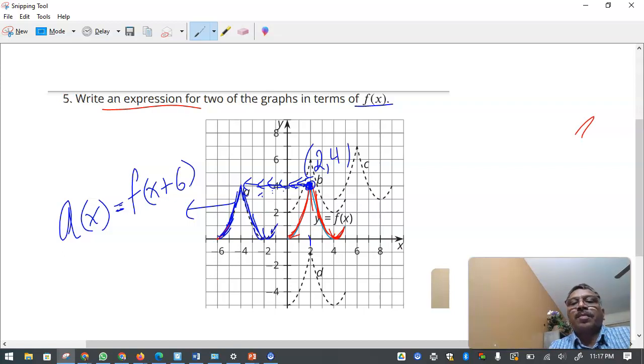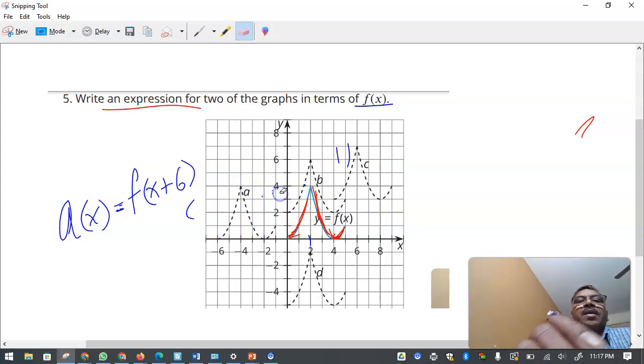Now what about b? You can see the graph of b is shifted up. So this graph is shifted up, this part. By how much? If this is a point, it goes 1 and 2. That means your new graph b of x will be the original function, and it goes up plus 2.